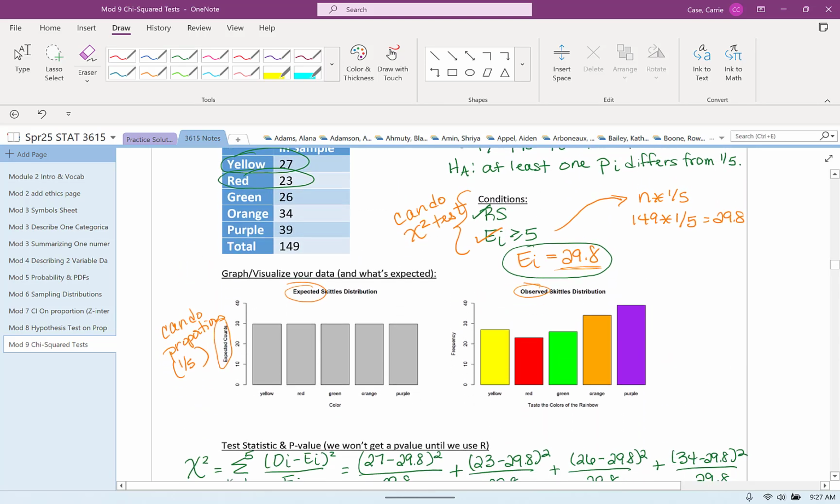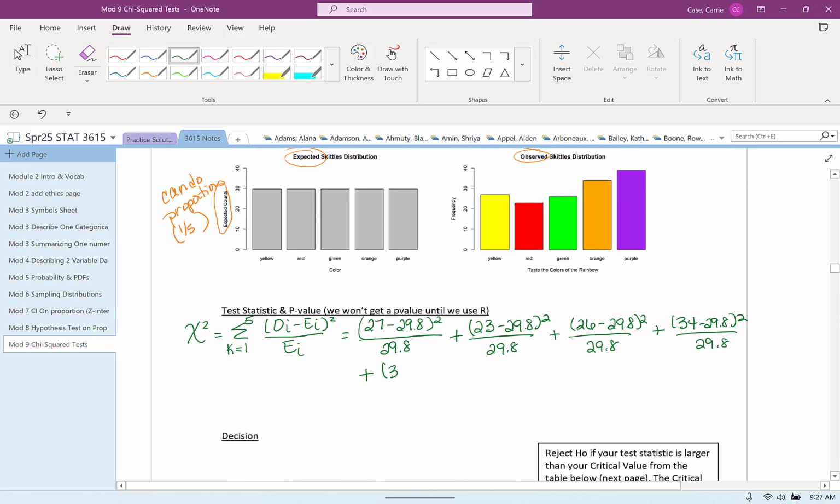Plus the last color is purple, is 39 minus 29.8 squared over 29.8. And you got to put all of this into your calculator. By the way, this is a calculation error waiting to happen, as you can well imagine. I put all this in and I got 5.73. And this value here is my test statistic.